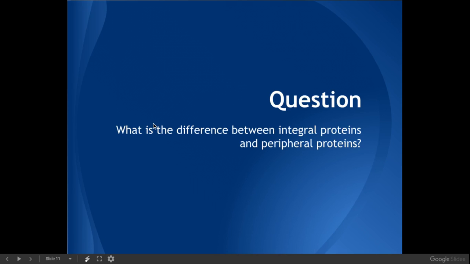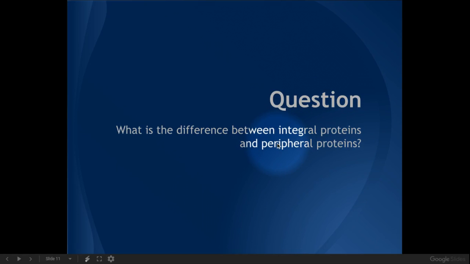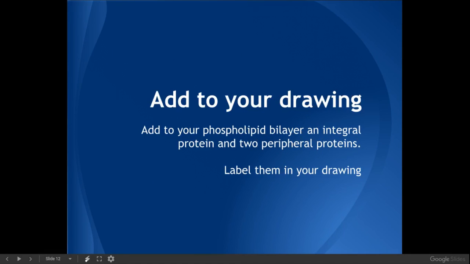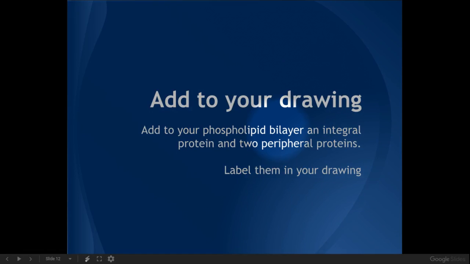So first, you should be able to explain the difference between an integral protein and a peripheral protein. Make sure you know the difference between the two. And then to your phospholipid bilayer, add 1 integral protein and 2 peripheral proteins, and make sure you label them in your drawing.